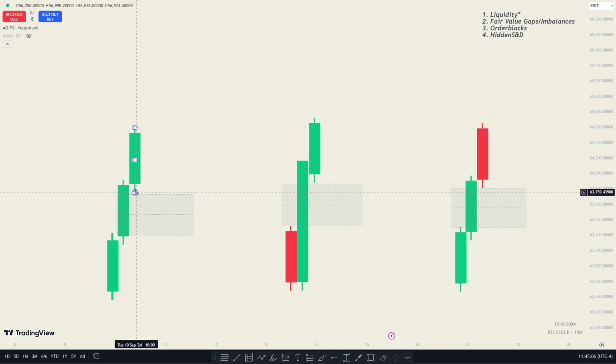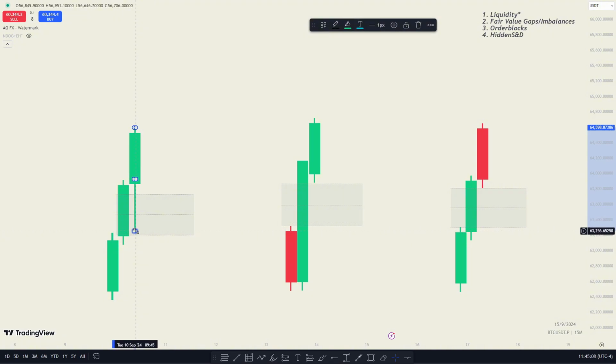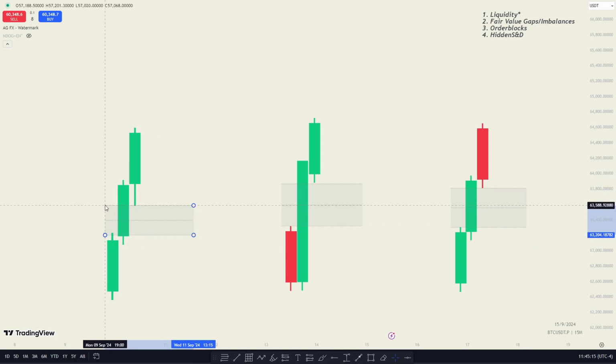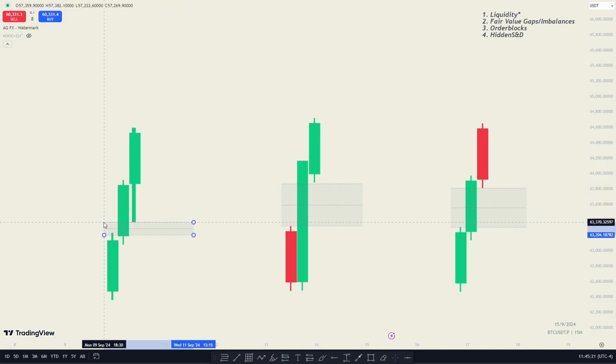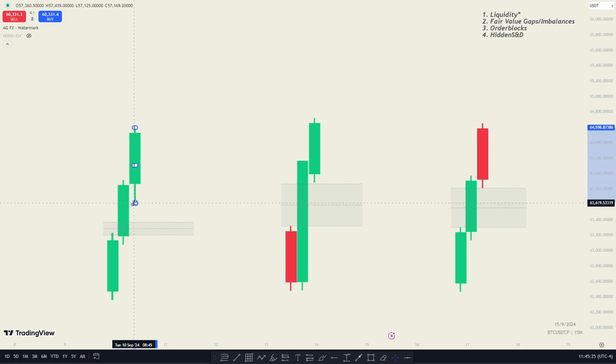And the same thing from the other side. If it gets overlapped, this is not a fair value gap. If it's like that, now this is a fair value gap. If it's even smaller, now this is a fair value gap, or imbalance, whatever you want to call it.